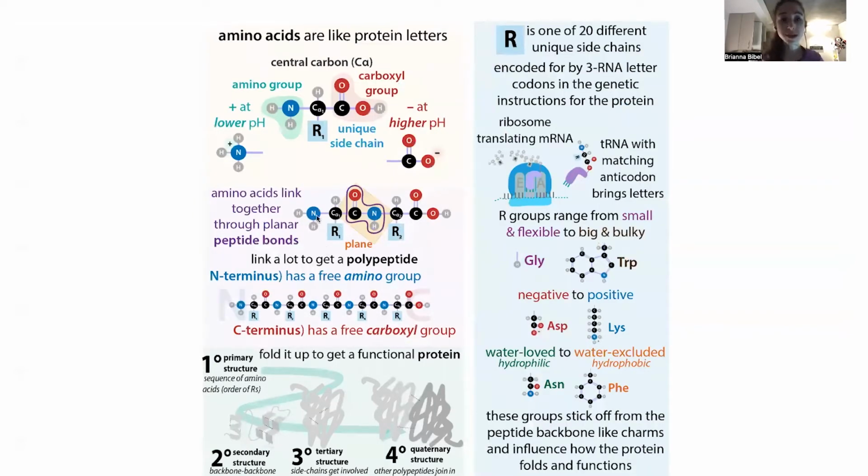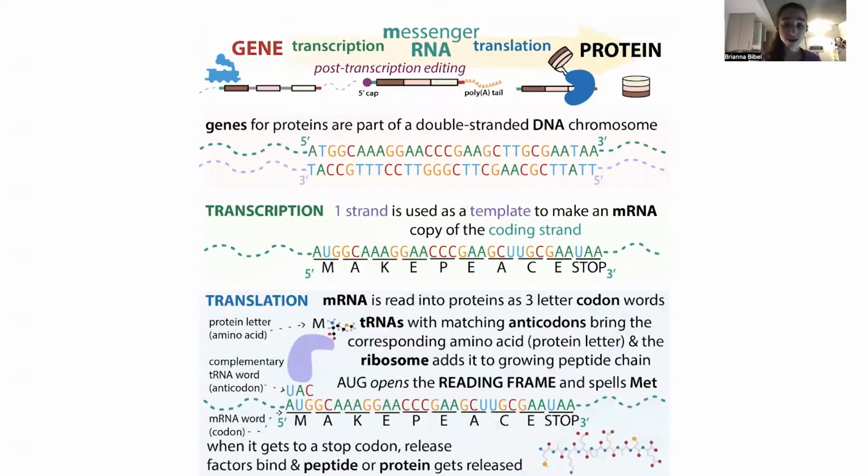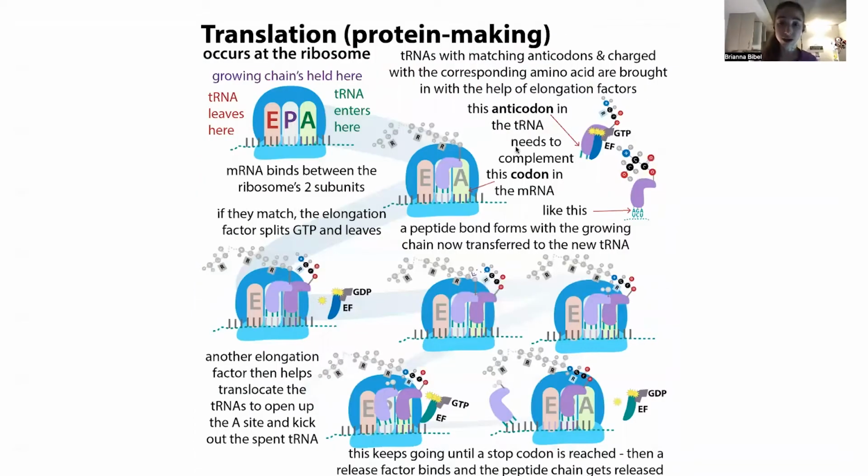So basically, these get linked together in a process called translation, based on instructions from messenger RNAs, using ribosomes, a big complex of proteins and RNA that reads out the instructions and has the corresponding amino acids brought to them by transfer RNA molecules, the tRNAs.